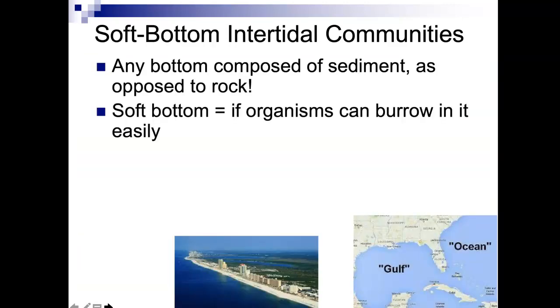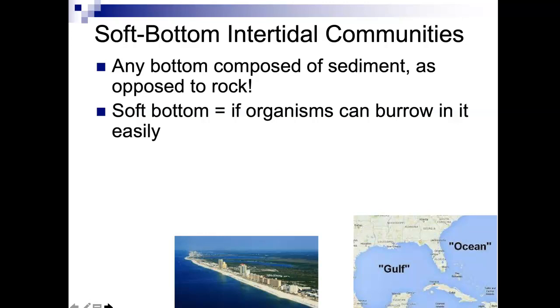what makes a soft bottom intertidal community a little bit different than your rocky shore intertidal community. And so any bottom composed of sediment as opposed to rock is going to be considered your soft bottom intertidal community. So soft bottom communities are going to have more infauna, right?